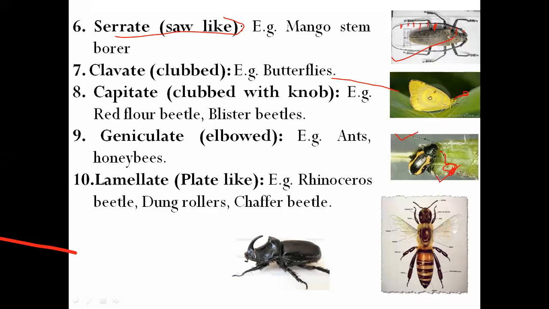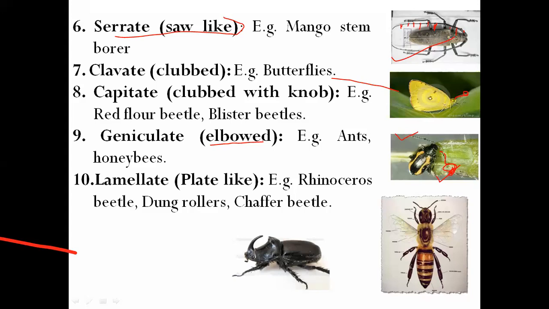Now geniculate, that is called elbow shape. Okay, the geniculate type of antenna is present in our sweet honeybees, wasps, even ants also. The basal segment is elongated, that is the scape, and from the pedicel, which is important, is the bend, forming the elbow joint like an elbow shape.